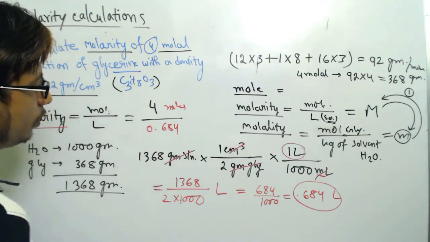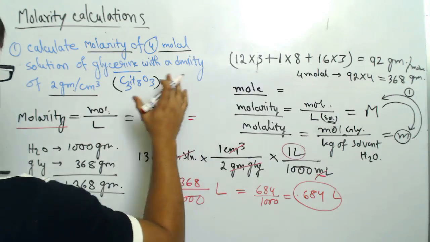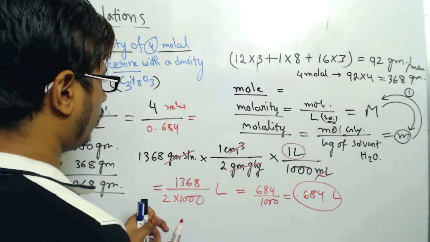So 4 moles divided by 0.684 is going to give us the molarity of this solution. Although in the CSIR UGC NET exam they are not going to give you calculations that you need to do without a calculator, in this case I am using a calculator. So 4 divided by 0.684 gives us 5.84.